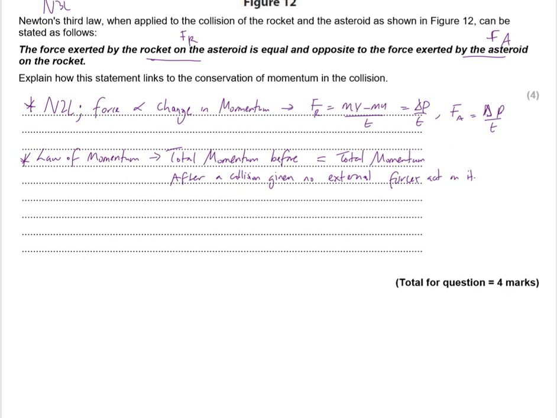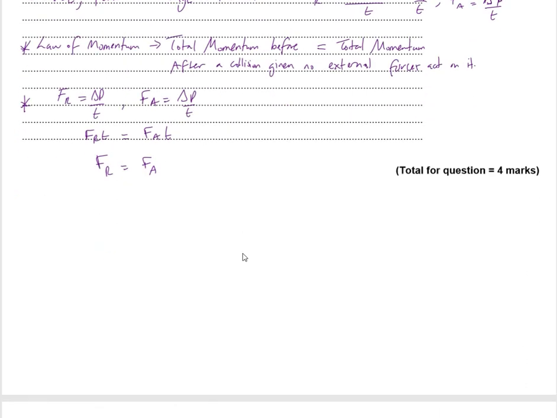So therefore we can say F_r is equal to, F_a is equal to. So these are the same, the momentum change is the same, so the t cancels out. So therefore I have this one.